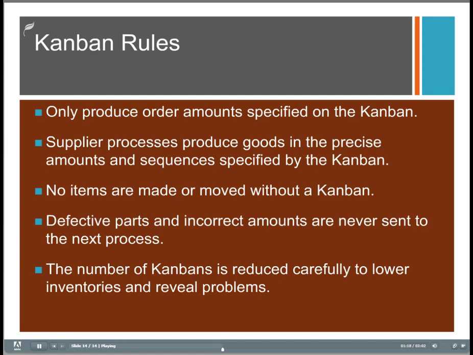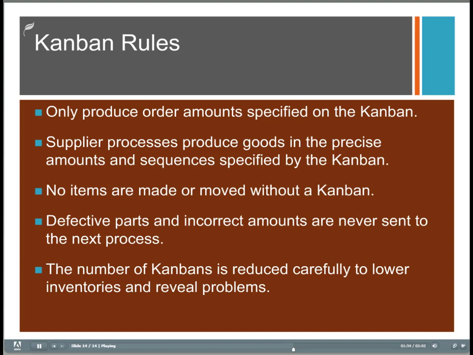In order to do KanBan effectively, you have to fix problems and get to the point where you have very few defects. This was a problem with the just-in-time approach. They really weren't able to produce parts in those smaller amounts because of the amount of scrap they had. So we want to reduce the number of KanBans, and we want to control our inventories, and also if we find problems we need to get them fixed.